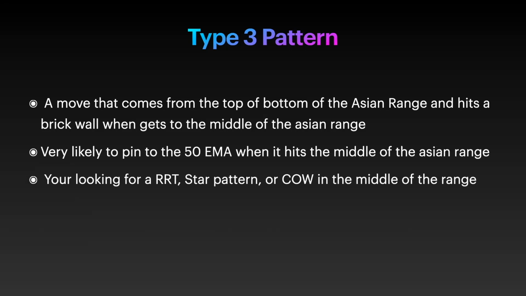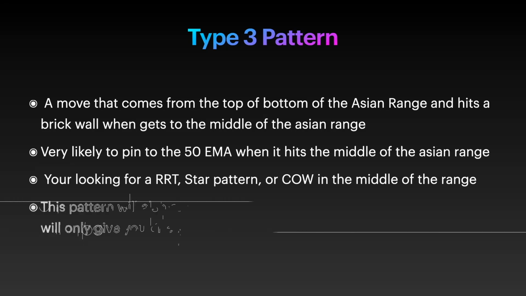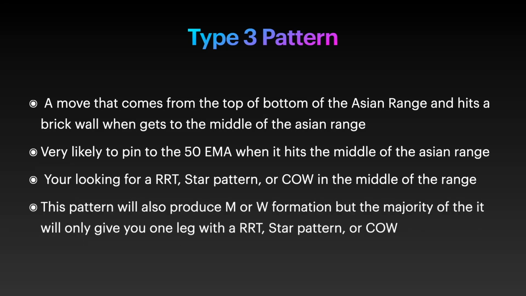You're looking on a type 3 pattern for a railroad track, a star pattern, or a cow, which is basically a cord of wood, in the middle of the range. The reason you're looking for this is because this specific pattern will produce an M or W, but the majority of the time will only give you one leg, which is basically the railroad track, star pattern, or the cow.